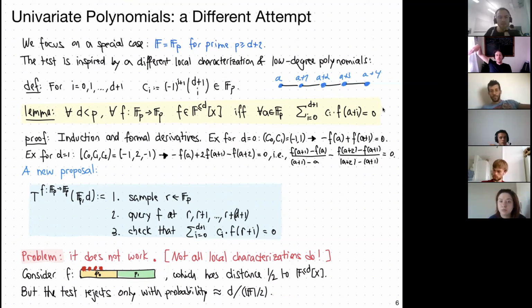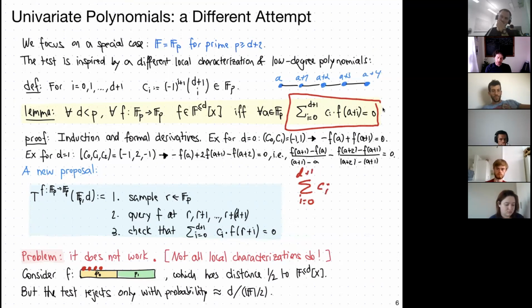But if you're choosing these jumps at random, then we should be good. And the beautiful thing is that this actually holds. So the statement doesn't only hold if we look at this constraint, but it also holds with nearly the exact same proof if we do it for this Ci times f of a plus I b for any choice of b.